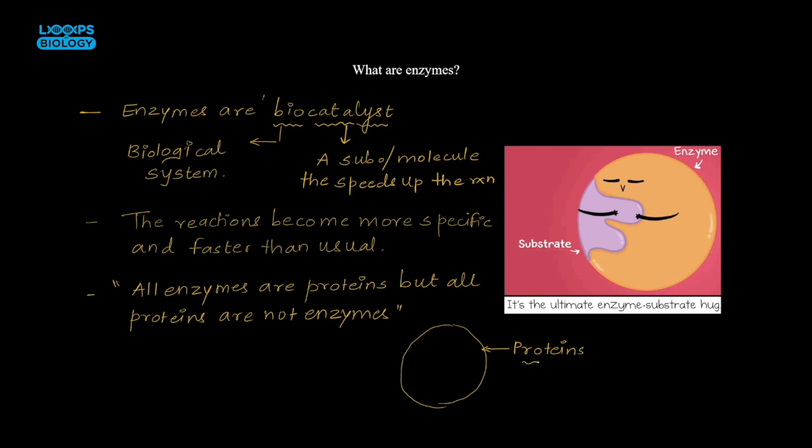Out of the total protein portion, there is some portion which belongs to your enzyme. So all the enzymes are present in the category of protein, but the remaining part of protein is not acting as enzyme. So this part is basically no enzymatic action. Got my point? So the enzymes are biocatalysts, they are made up of proteins, but all the proteins cannot act as enzymes.